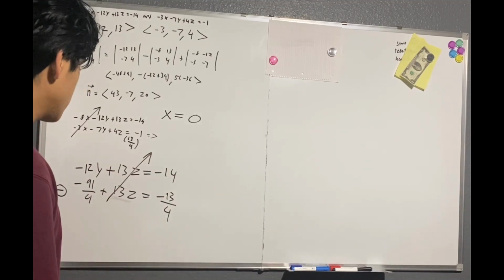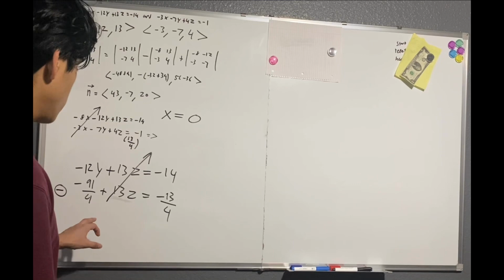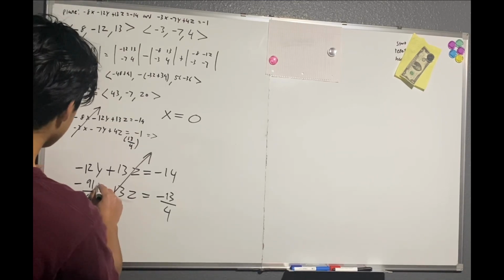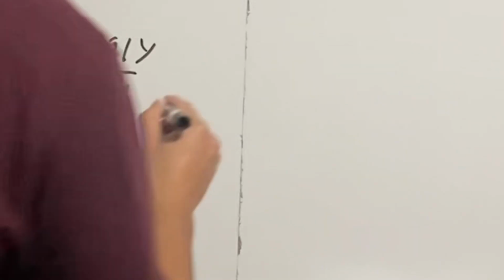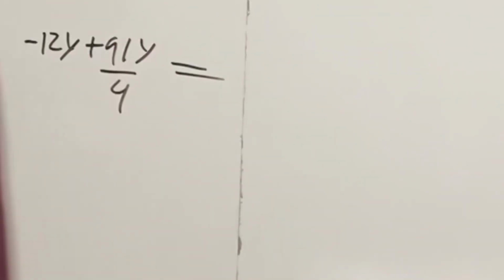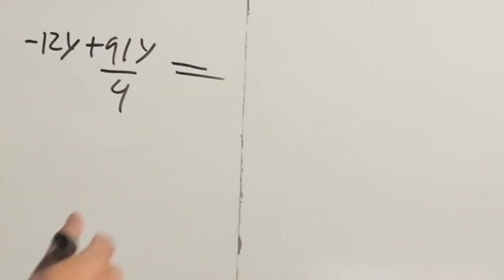And now we're going to try to find y. So in order for us to find y, we're now going to add these two together, or in this case, kind of subtract.